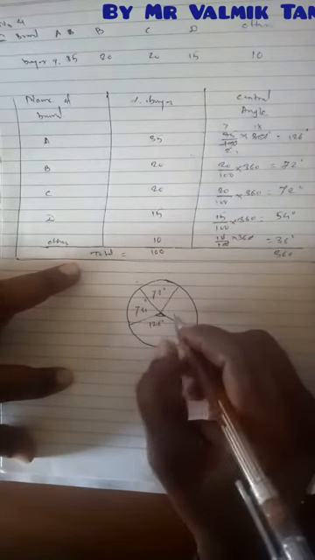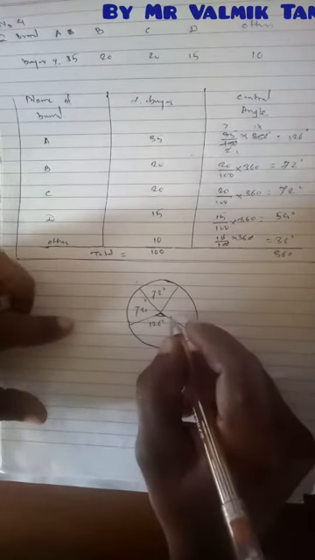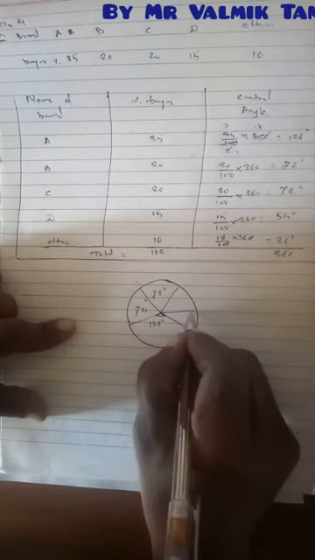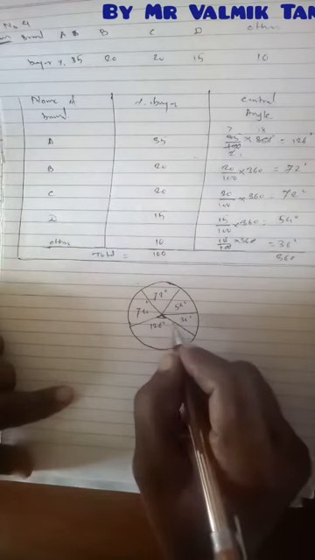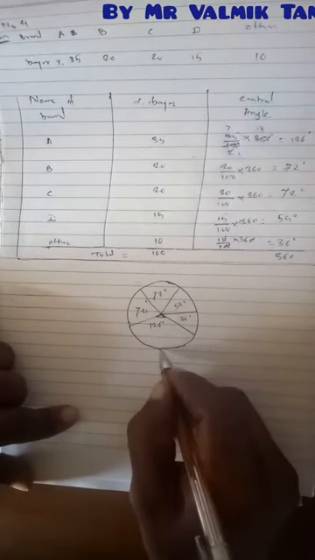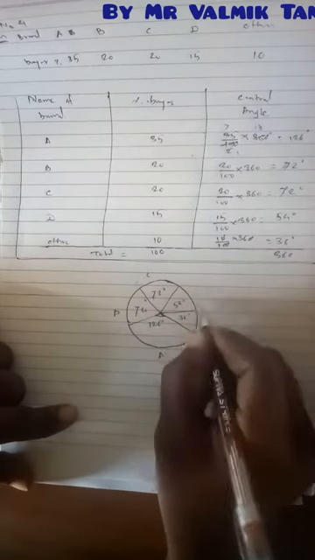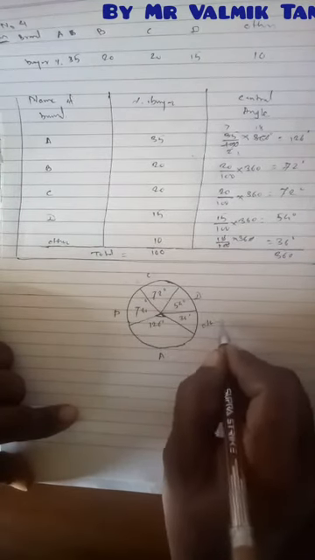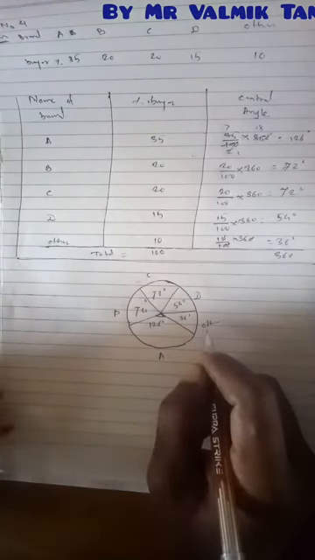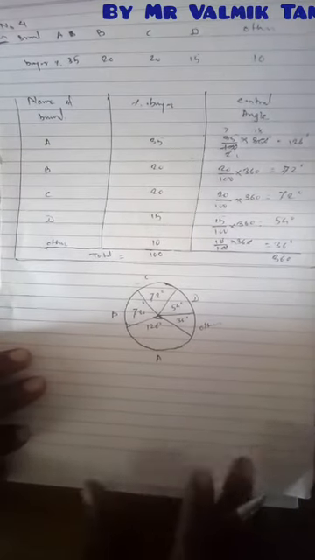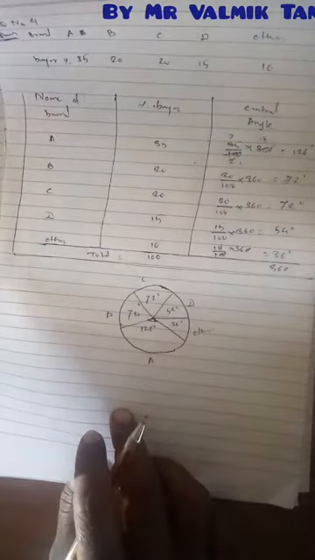The next one, and another one that remains, is 54 degrees. Then the last one should be 36 degrees. Then also give the labeling: A, B, C, D, others, and you can color it nicely. After that we will see another question.